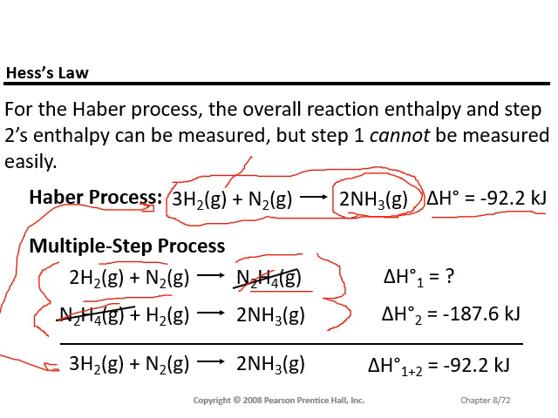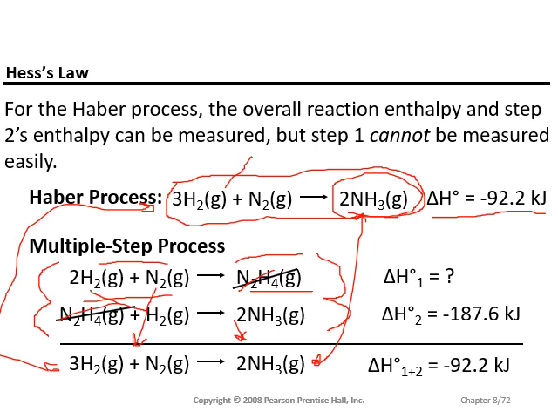Then you end up here with 2H2 plus H2, which is 3H2 plus N2 on the left, which is what we see here. And on the right, we just end up with the 2NH3. And so again, notice that the one written across this row matches the thing at the top. And that's what we want.